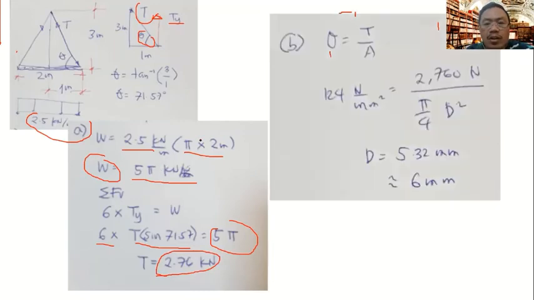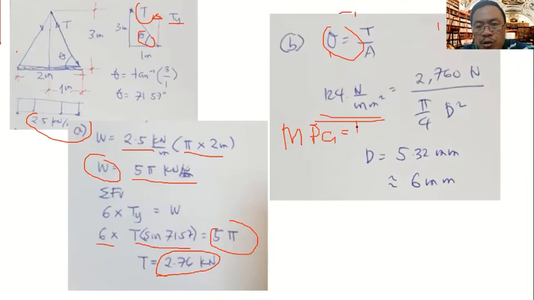Okay? So, similarly, in computing for the stress of each of the rod, alam naman natin na stress is just equal to force over area. Given kasi yung stress sa problem, it's 124 megapascal. Alam naman natin na megapascal is equal to Newton per millimeter squared. Huwag na tayo mag-derive.